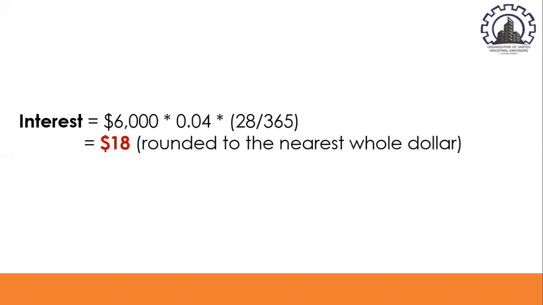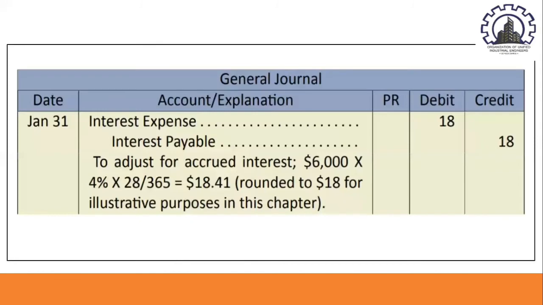So Big Dog Car Works Corporation's adjusting entry on the 31st of January would be this one. Okay, this is how our adjusting entry would look like. Now, this adjusting entry enables Big Dog Car Works Corporation to include the interest expense on the January income statement, even though the payment has not yet been made.